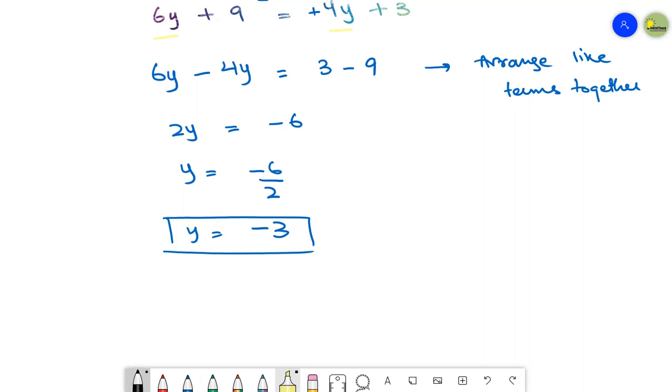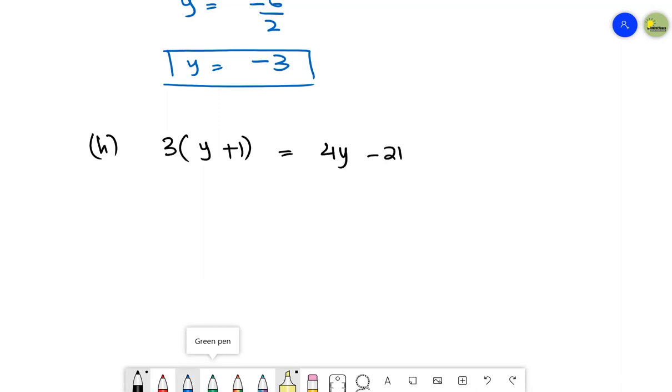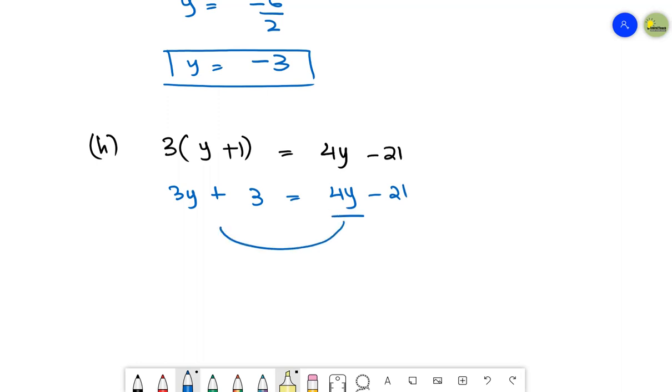Now let's move towards part H. In part H, I have 3 multiplied by (y plus 1) equals 4y minus 21. The same way you need to do this. First of all, open the bracket. 3y plus 3 equals 4y minus 21. 4y will be shifted here and 3 will be shifted on the right hand side.